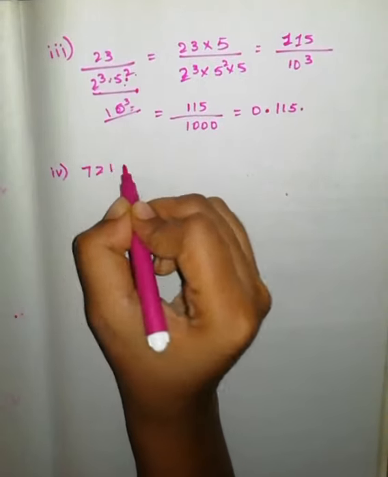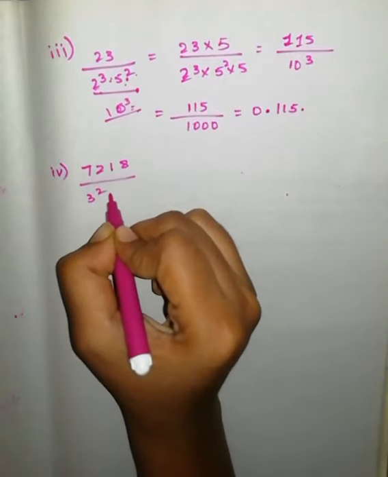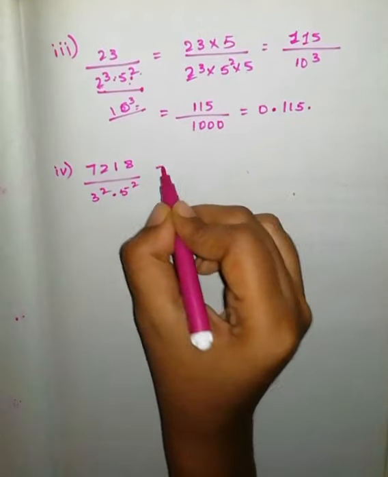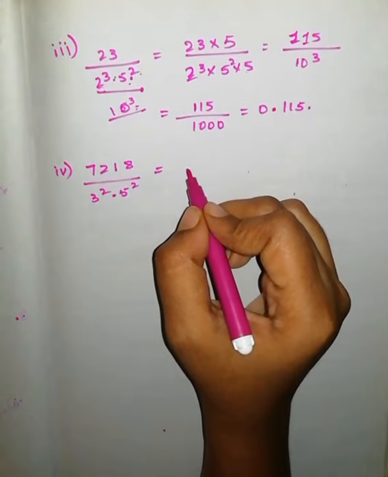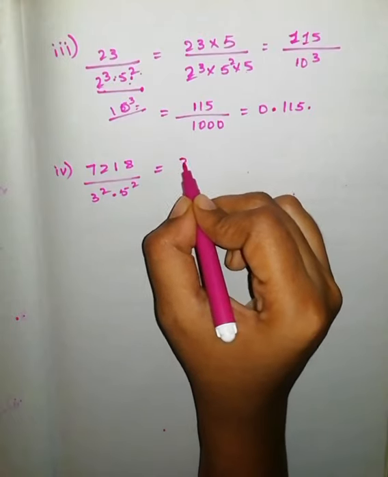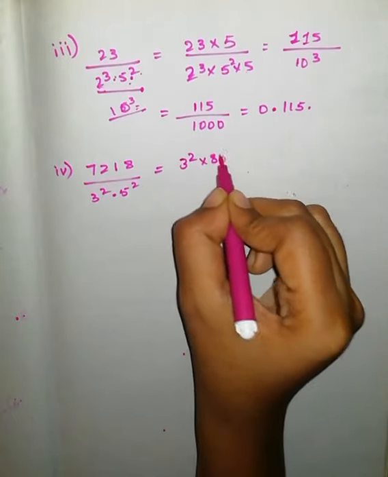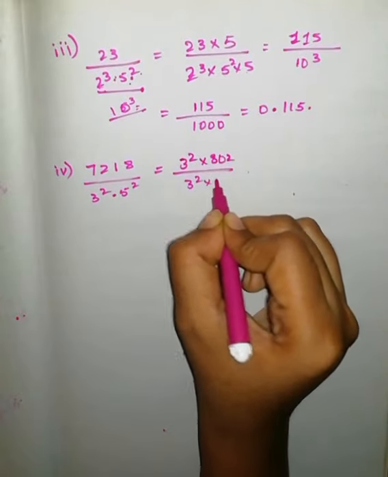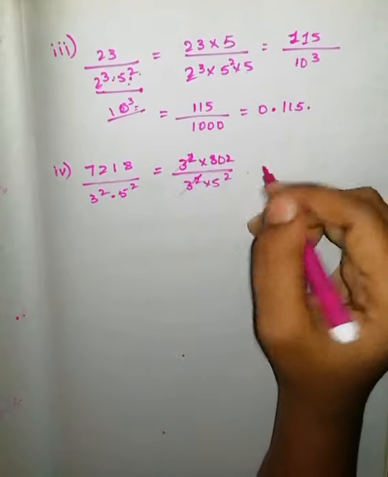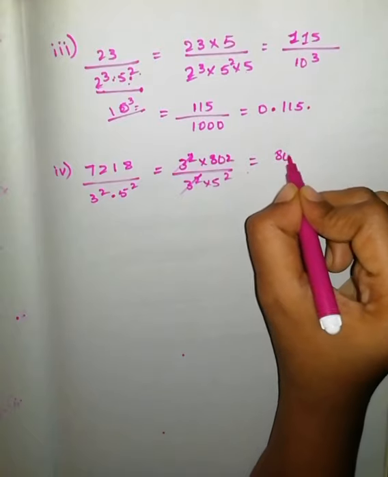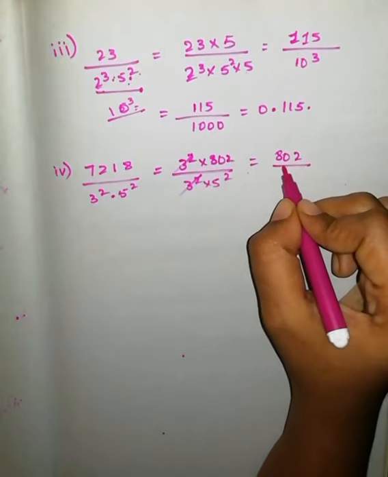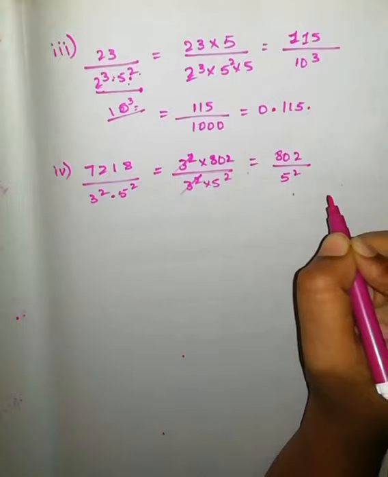Fourth question is 7218 divided by 3 square into 5 square. Here 7218 can be written as 3 square into 802, so that both get cancelled and the given question will become 802 divided by 5 square.